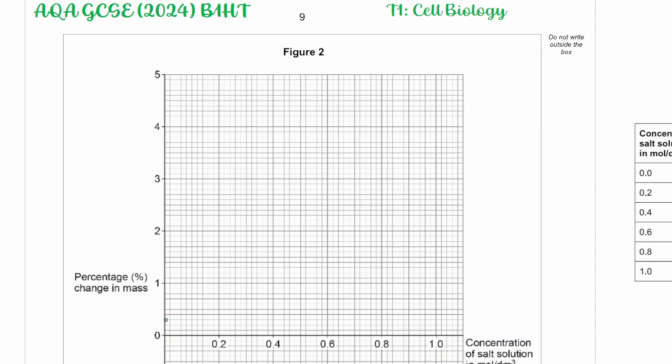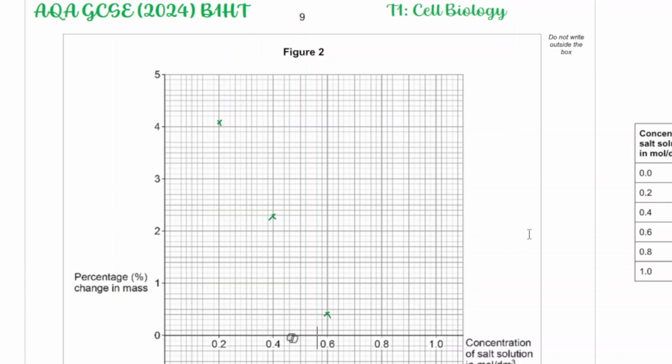Now that's 10 boxes, so each box is 0.1. So that's easy. So 4 and 1 box up, and 2.3, 2 and 3 boxes up, and at 0.6 is 0.5. Yeah.